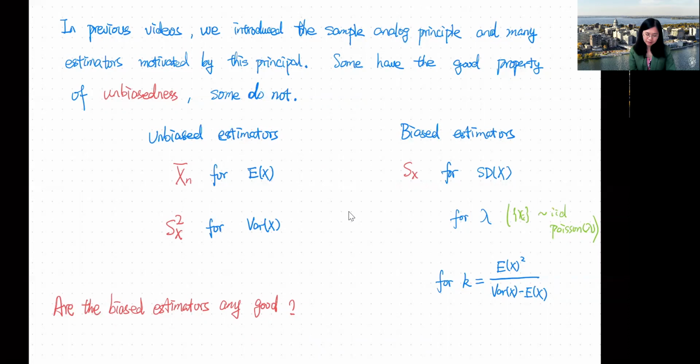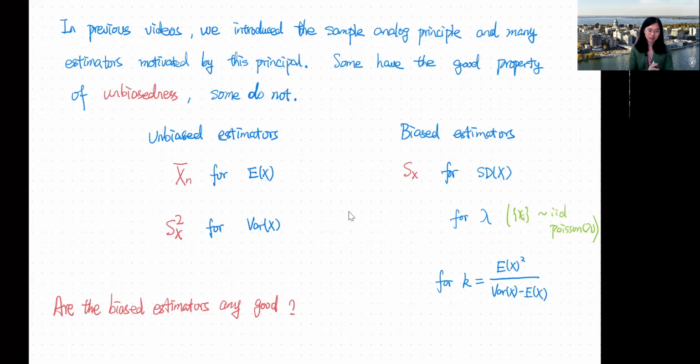The reason is that the expected value of Sx squared equals the variance of x, but the expected value of Sx equals the expected value of the square root of Sx squared. Because square root is not a linear function, expectation cannot enter the square root.